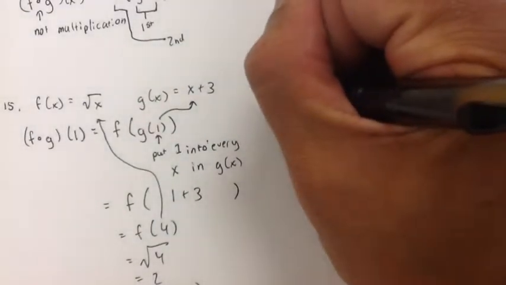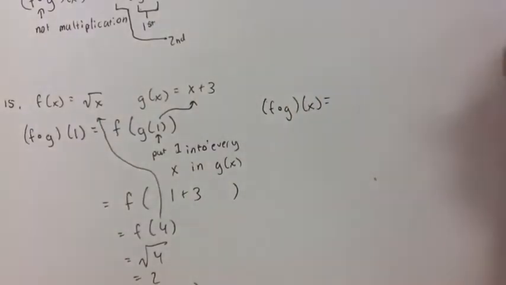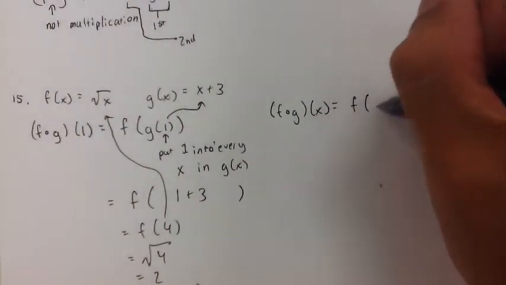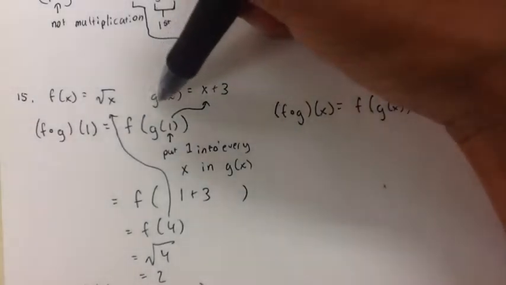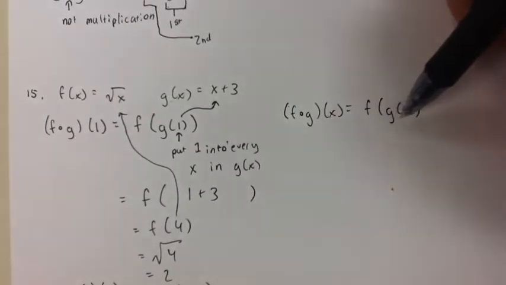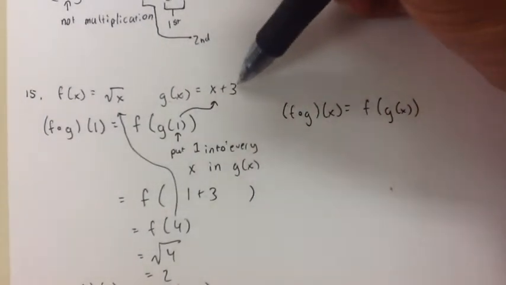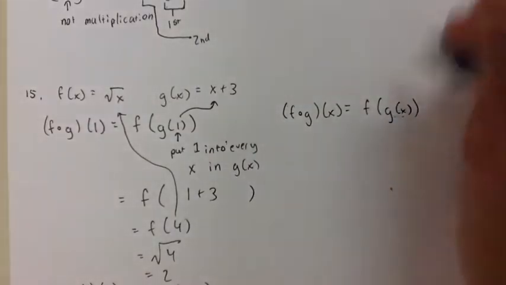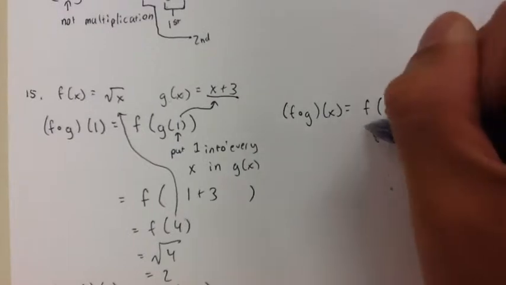Same problem, but let's just say now f of g of x, which means this. There's no number here. So all I want is, I see g of x here, I'm just going to replace it. G of x is x plus 3.